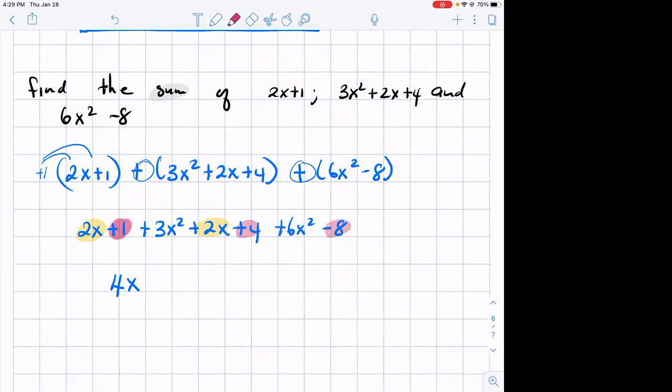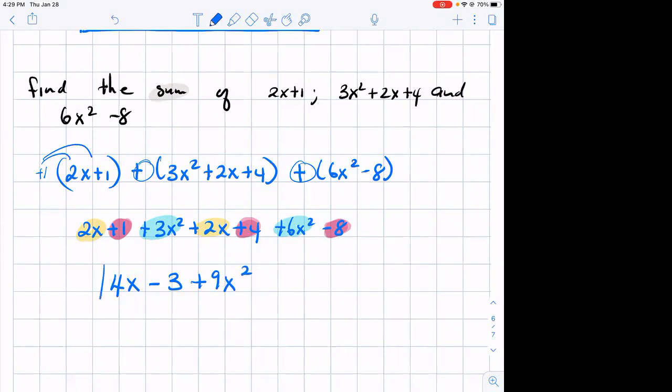So 1 plus 4 becomes 5. 5 minus 8, that becomes negative 3. And I move down the line again. I have a plus 3x squared and plus 6x squared. That becomes positive 9x squared.